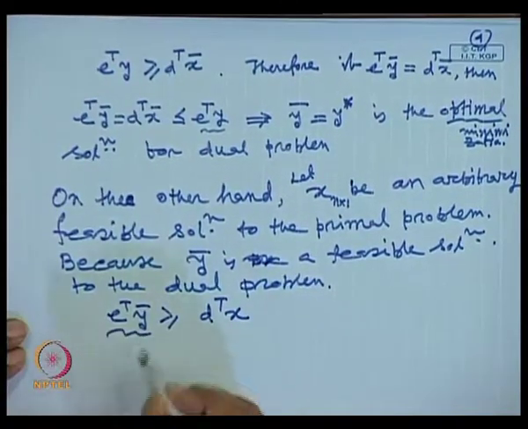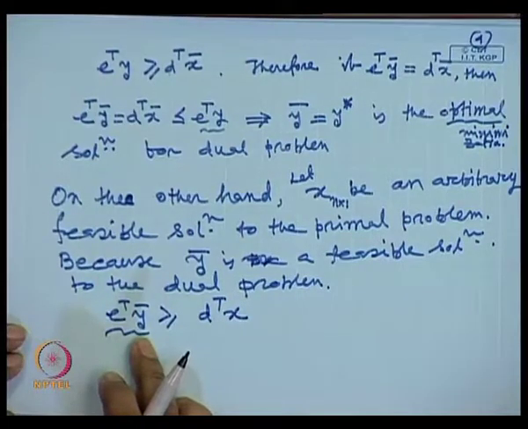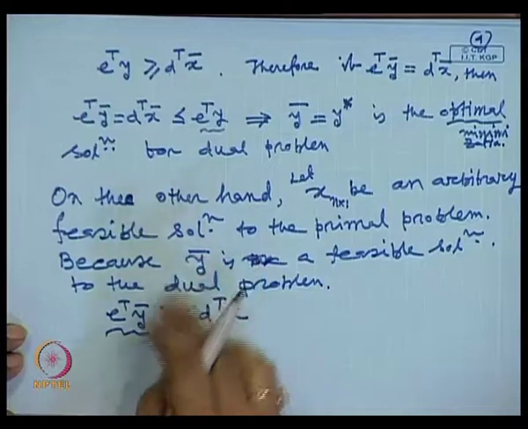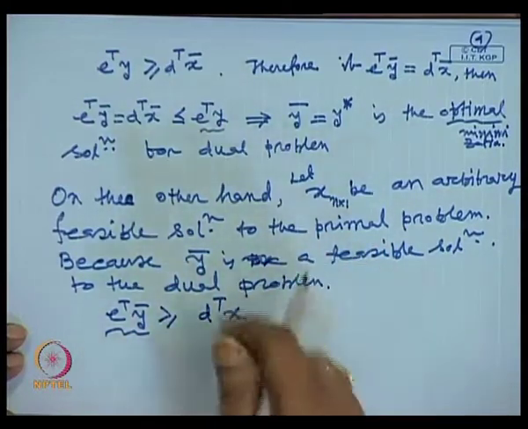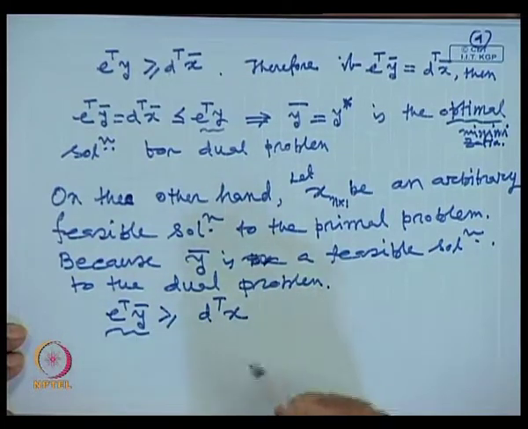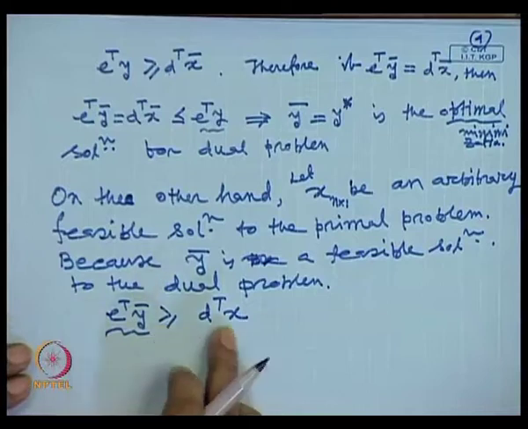This is the objective function value of the dual problem, where y bar is a feasible solution in the dual problem, and it is greater than this one. So, this is greater than this one, agree?